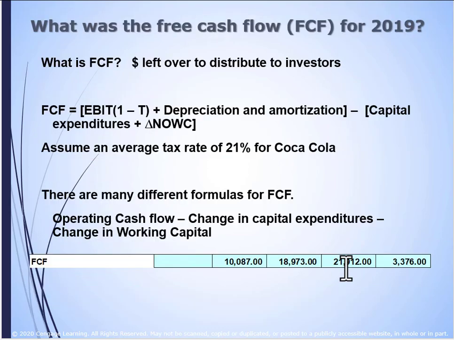The next thing we're going to talk about is something called free cash flow. So what is free cash flow? That's the money that's left over to distribute to investors after we've done everything we want to do. So we've run the company for the whole year. We have purchased all the plant and equipment kinds of things that we want.